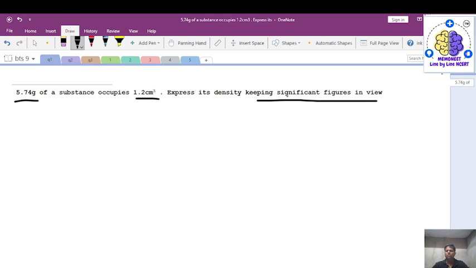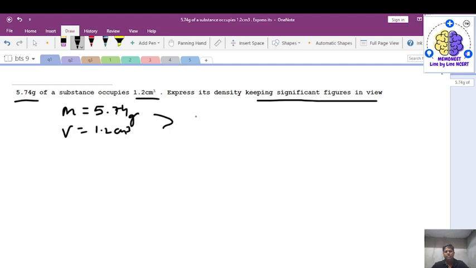To solve this question, we should have a proper view of the rules for significant figures when some operation is done and the result is to be written in some number of significant figures. The operation we are supposed to do here is division, because they have given mass and volume and they are asking for density. Mass is 5.74 gram and volume is 1.2 centimeter cube.